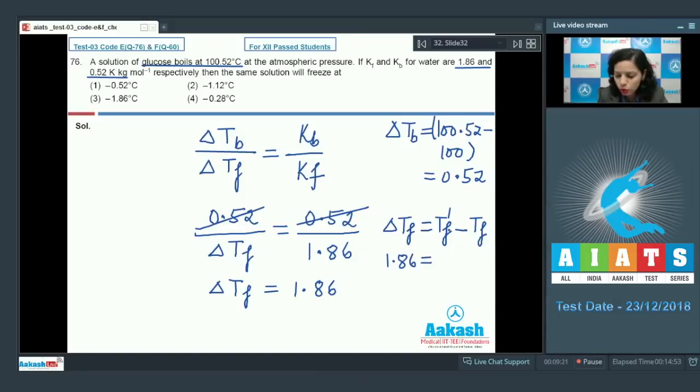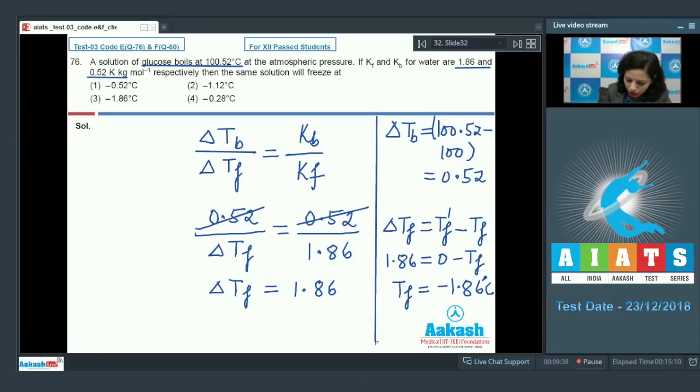That should be equal to 0 minus this Tf value. And what would be the Tf value here? It would be minus 1.86. So we have our answer in this case, and that's why we can clearly choose the correct option, which is given in option 3. This is my correct answer.